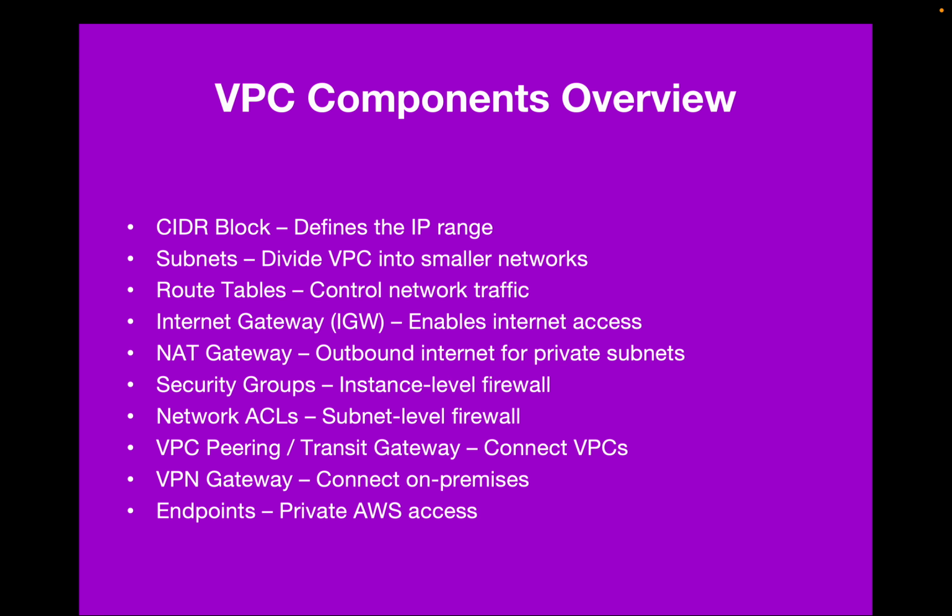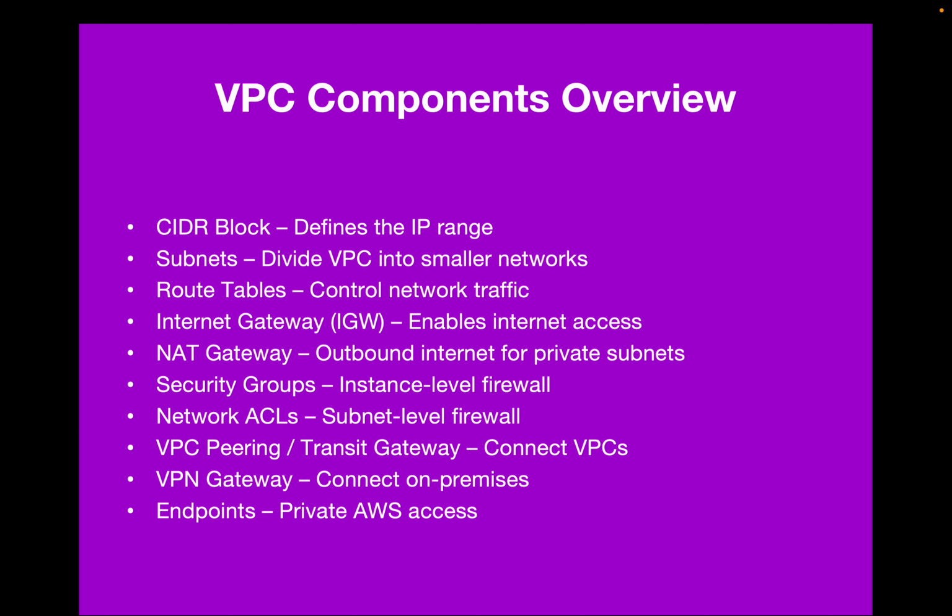So let us list down the components of the VPC. We don't have to mug this up. We just need to have a basic overview of all the components. The first component is the CIDR block. CIDR block is nothing but the IP range. As we discussed, IP is an address of the machine.